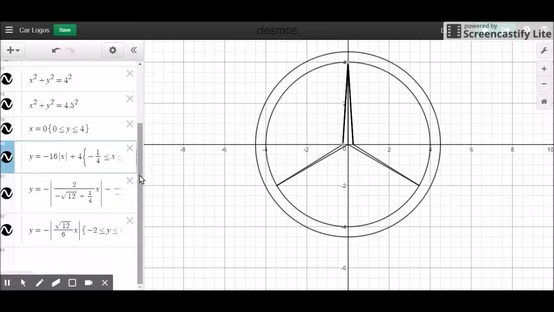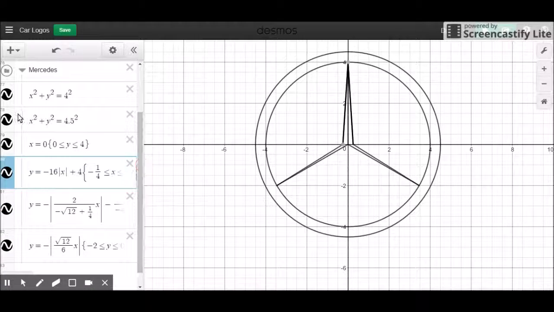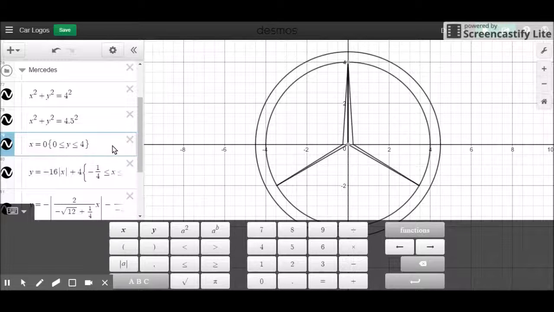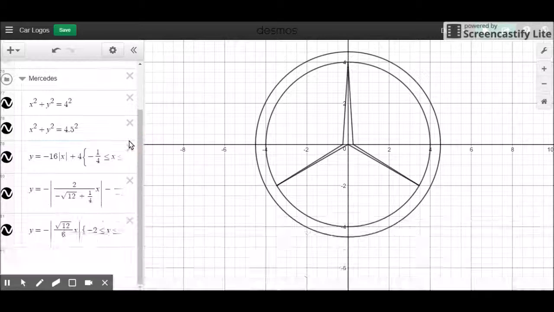Alright, so we shrunk this down to 6 equations. 1, 2. I don't know what this is doing here. This shouldn't be here.